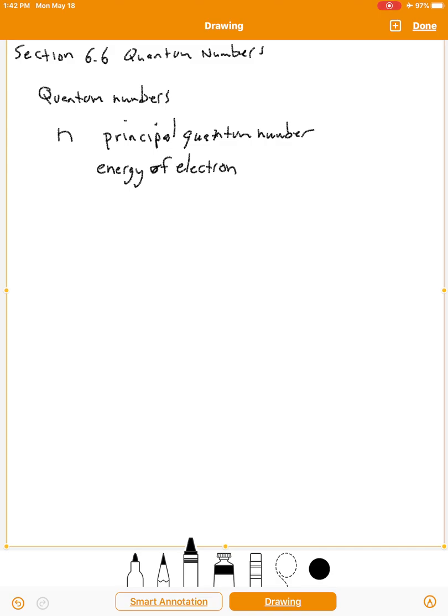But because the energy of the electron is related to how far it is from the nucleus, its distance to the nucleus, because remember, the interaction, the energy that we're talking about is electronic. The negative charge of the electron is attracted to the positive charge of the nucleus. So it's also related to the distance of the electron from the nucleus.